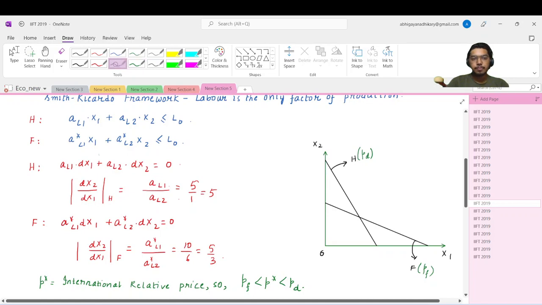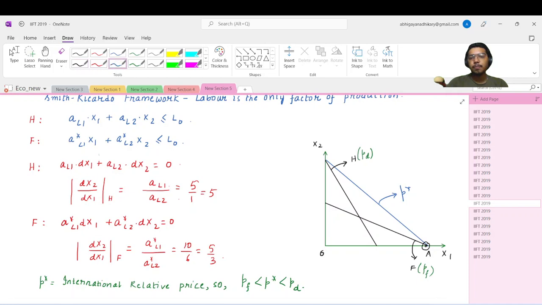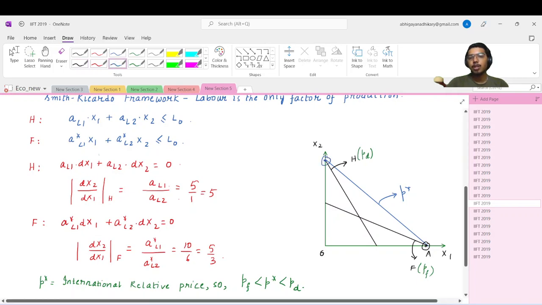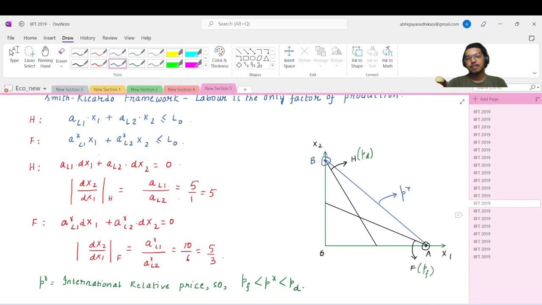So we construct the line in this fashion. This is the P star line. Given the international price, where will the foreign country produce? It will produce at the horizontal intercept, which is point A. And where will home produce? It will produce at the vertical intercept, which is point B. That means we are witnessing a situation of complete specialization.